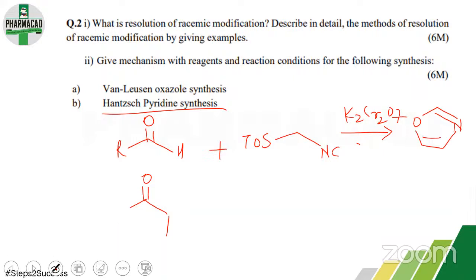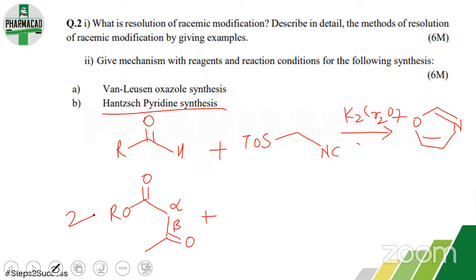So beta keto ester. Why is it beta? This is the alpha carbon, this is the beta carbon. We have to take 2 moles of this beta keto ester.